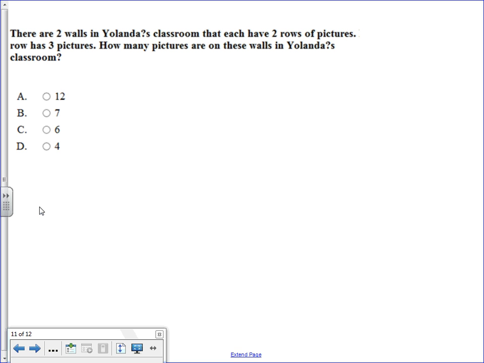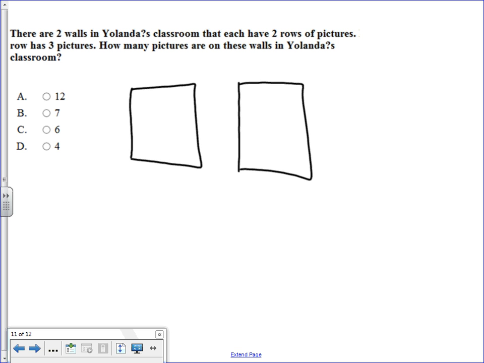Let's draw it out. 2 walls in the classroom. Each wall has 2 rows of pictures. And each row has 3 pictures in it.